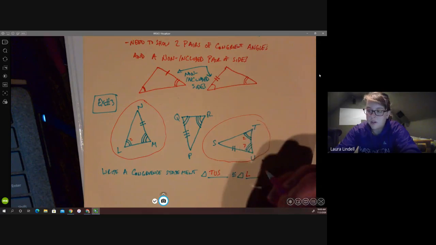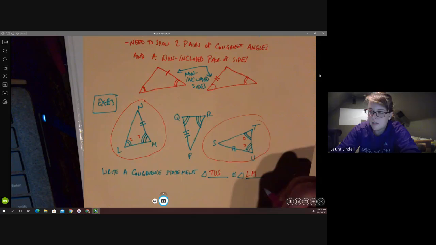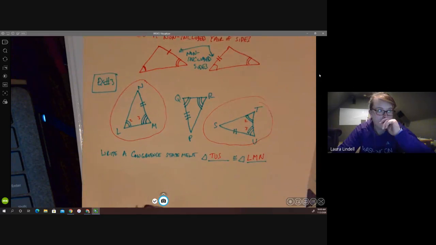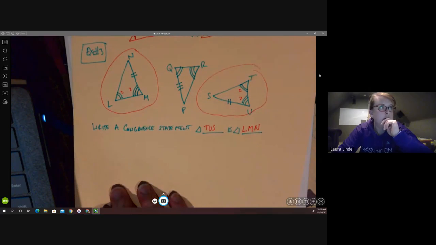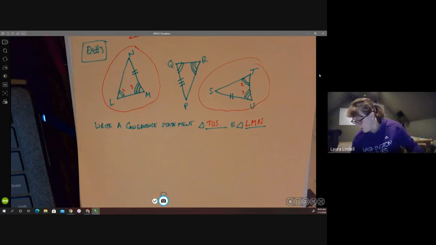U had 3 arcs in the corner, M had 3 arcs in the corner, so M comes next, and then N comes last. So TUS and LMN. So that's our first example with angle, angle, side.